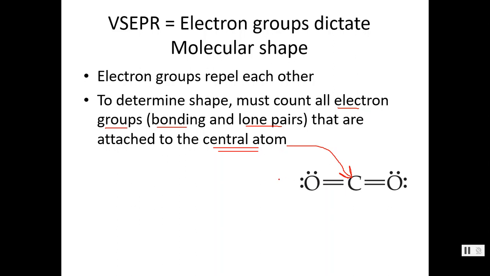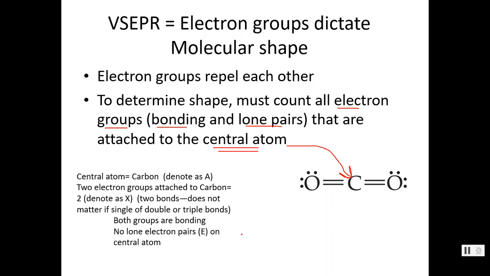So to do that, we use something that your book calls and others call an AXE notation, where A, the letter A, denotes your central atom. So in this case, carbon is your central atom, so that would be your A. Then you would look to see how many atoms or how many electron groups are attached to carbon.